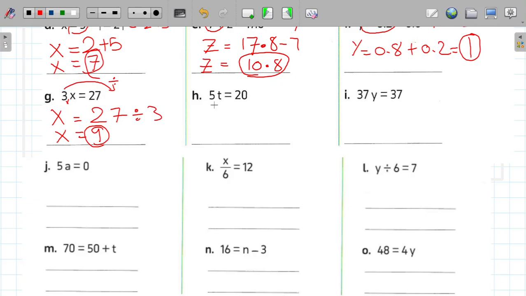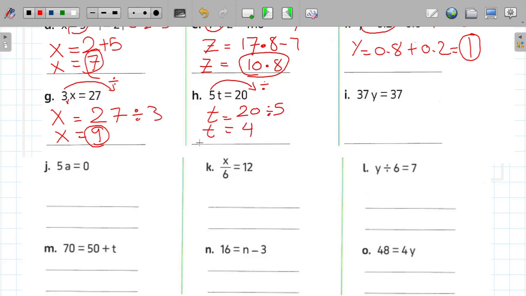Next, I have 5t equals 20. So I want to find the value of t. So I can say I will send the 5 to the other side with the inverse operation. And the inverse operation here would be division, because I have 5 multiplied by t. Okay, so t equals 20 divided by 5, it will be 4.